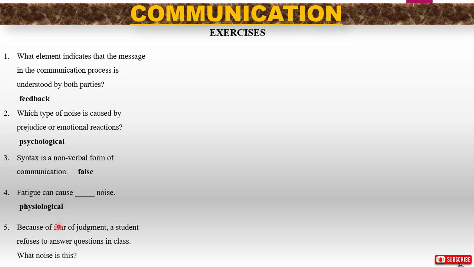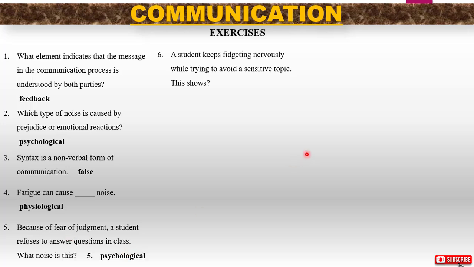The next one. Because of fear of judgment, a student refuses to answer questions in class. What noise is that? So fear of judgment, prejudice. What noise is that? It is psychological. The next. A student keeps fidgeting nervously while trying to avoid a sensitive topic.